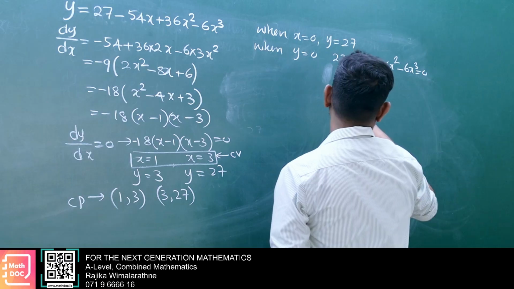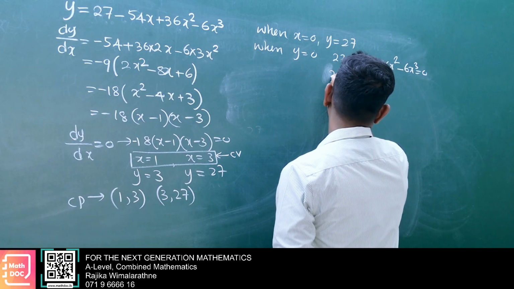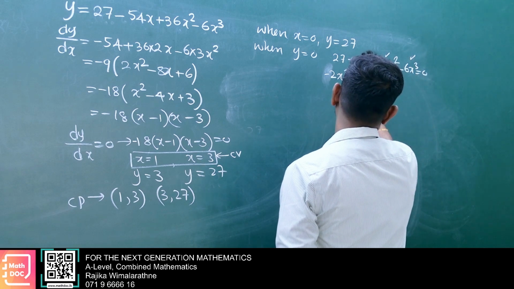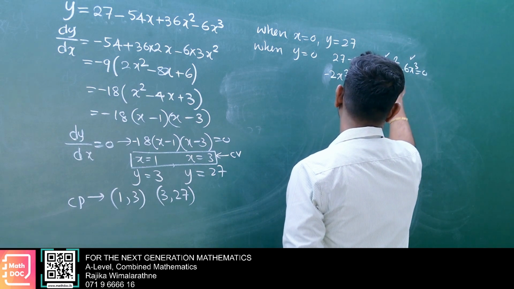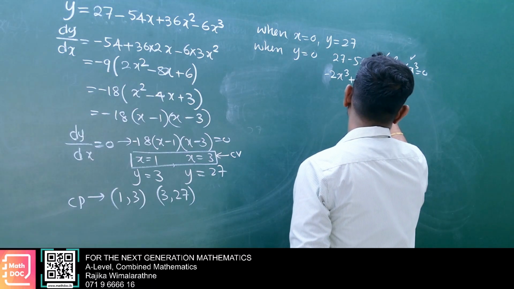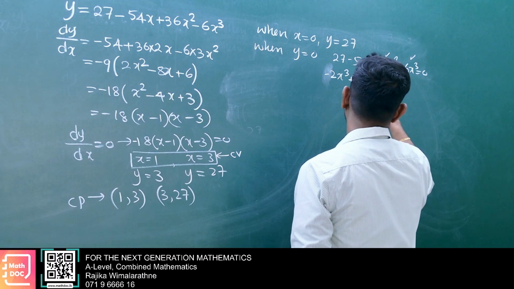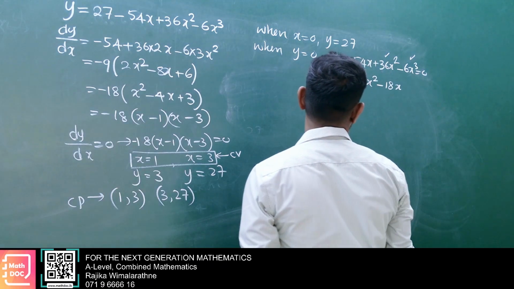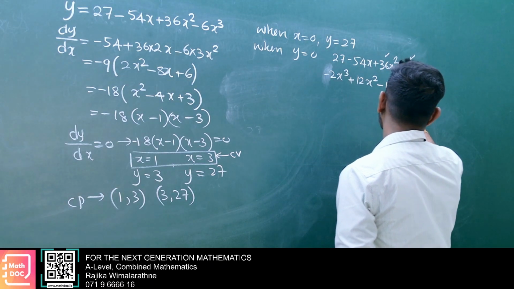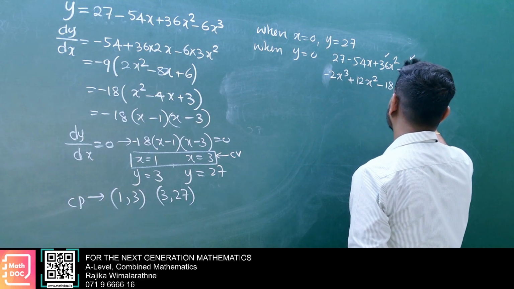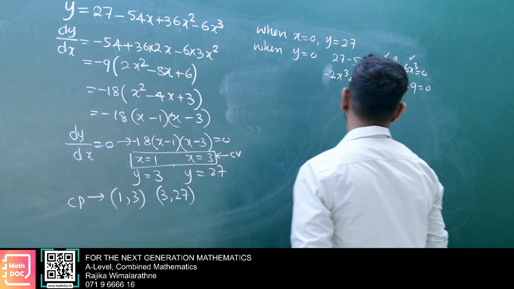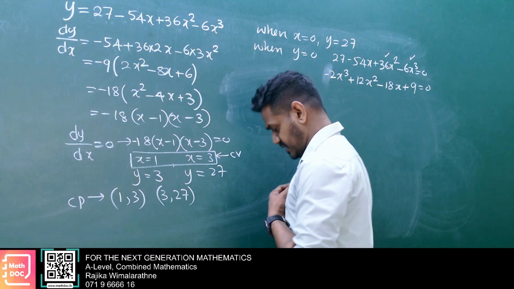Then this is divisible by 3 now: minus 2x cubed, 12x squared, 18x, 9. Then get the factors.